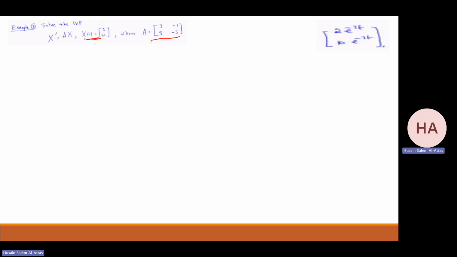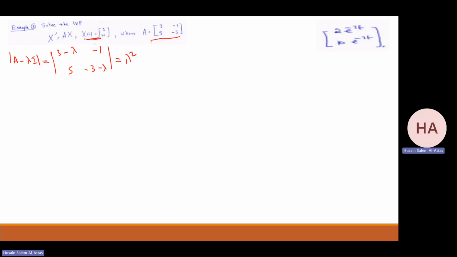Okay. Now we'll start to find the lambdas. A minus lambda I. That gives me what? 3 minus lambda, 3 minus lambda, minus 1, 5, minus 3 minus lambda.